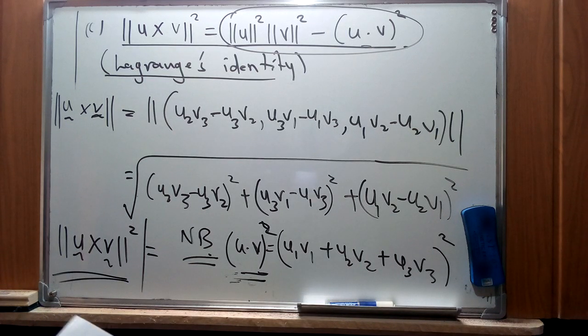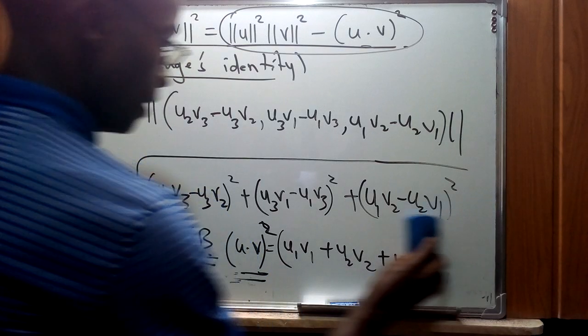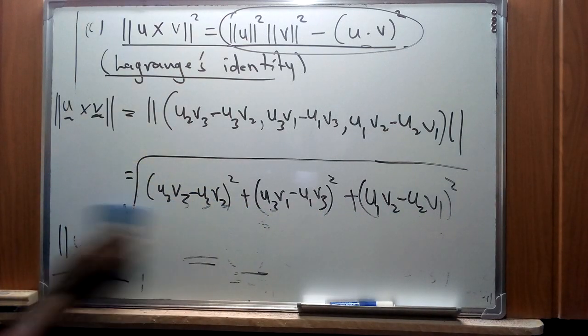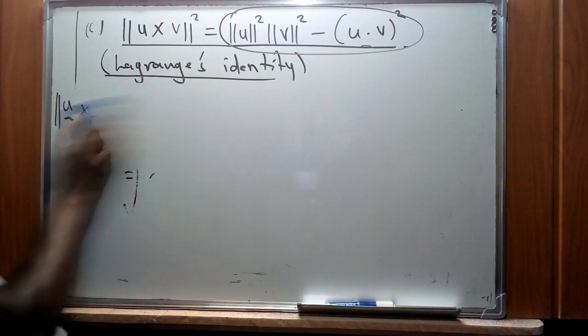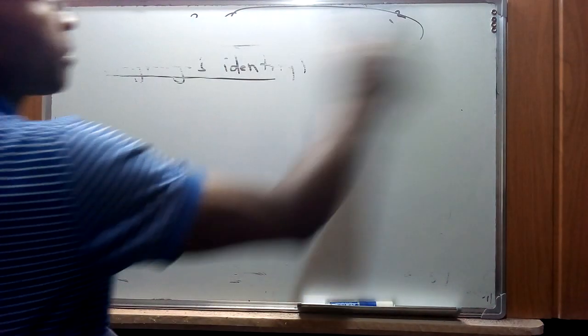So we're going to see how we can use the Lagrange's identity in order to find the area of maybe a triangle, given those specific concepts that we have already discussed.